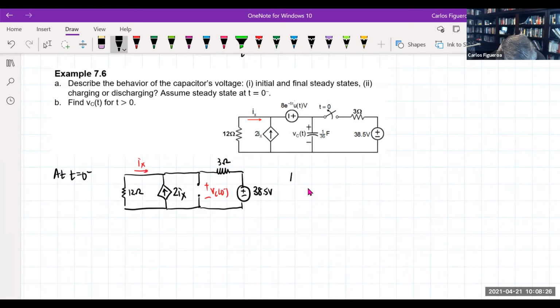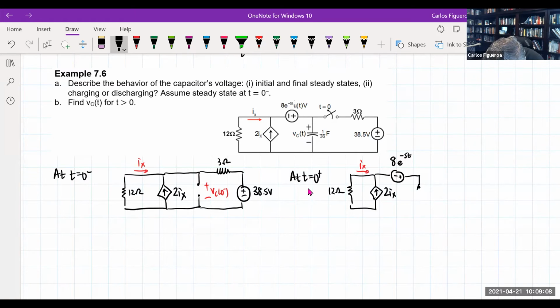Now, at t equal to 0 plus, what happens? You can see that the switch opens up. So when that switch opens up, look at what I'm seeing here. I now have a source in the circuit. Again, here's my dependent condition, Ix. But now look at what's going on. I have an exponential source that's going to do what? It's going to be dying.